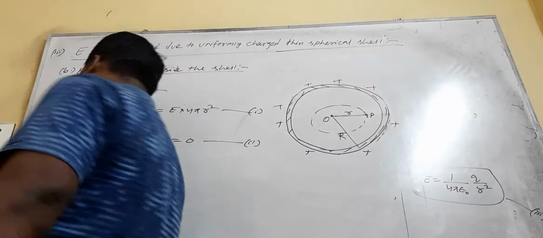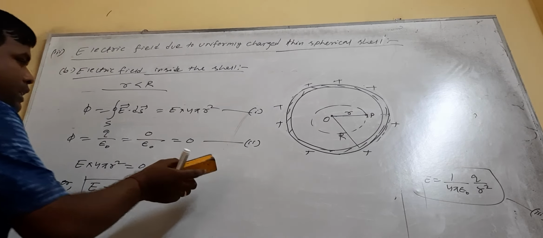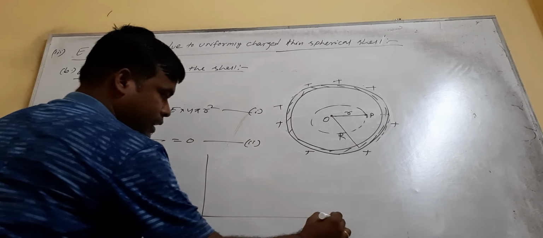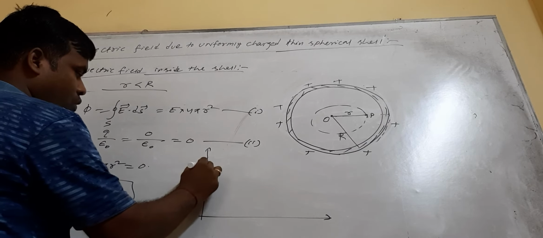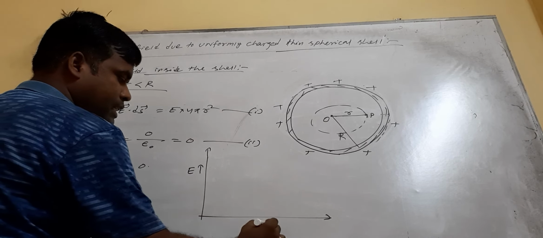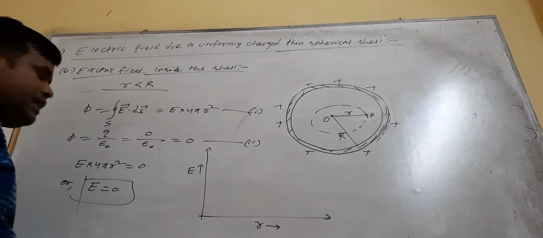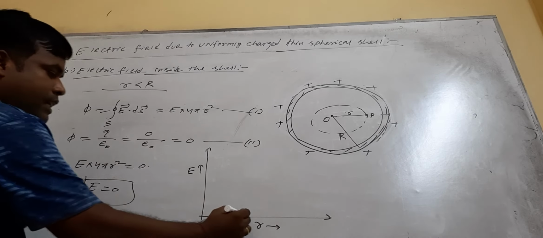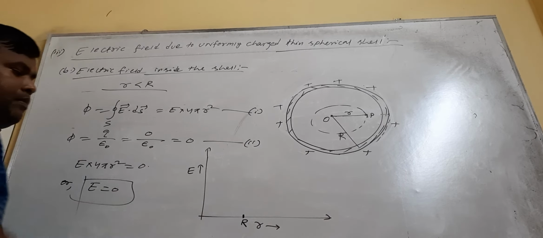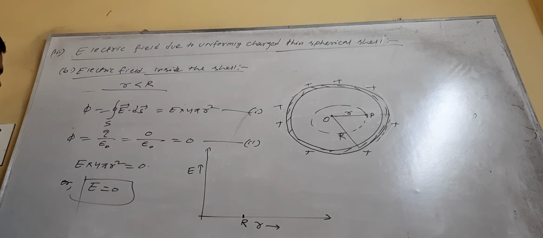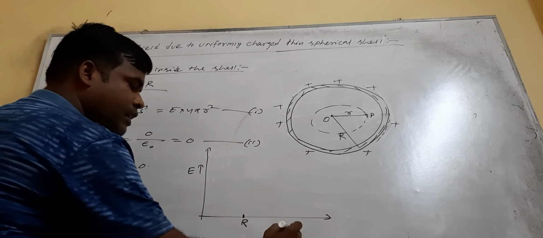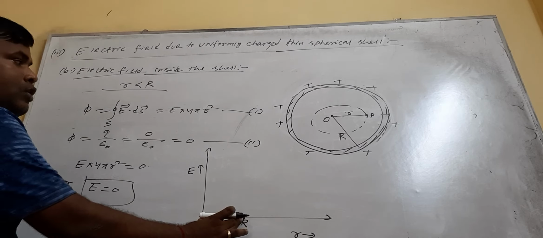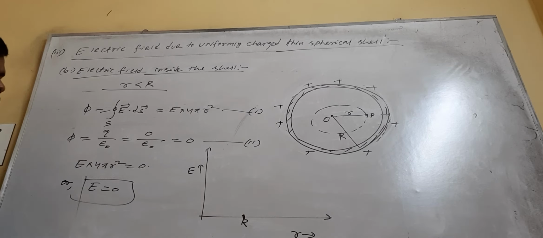Now, what will the graph be? Take electric field along the y-axis and the distance of the point from the center, small r, along the x-axis, where capital R is the radius. When small r is less than capital R, that means inside the shell, the electric field is 0.